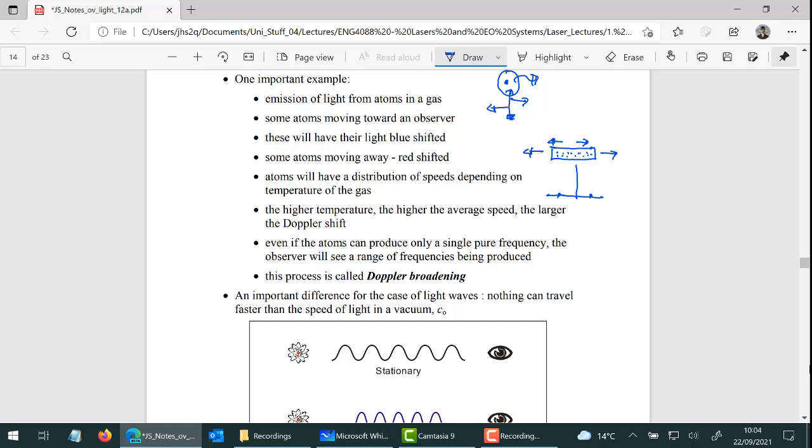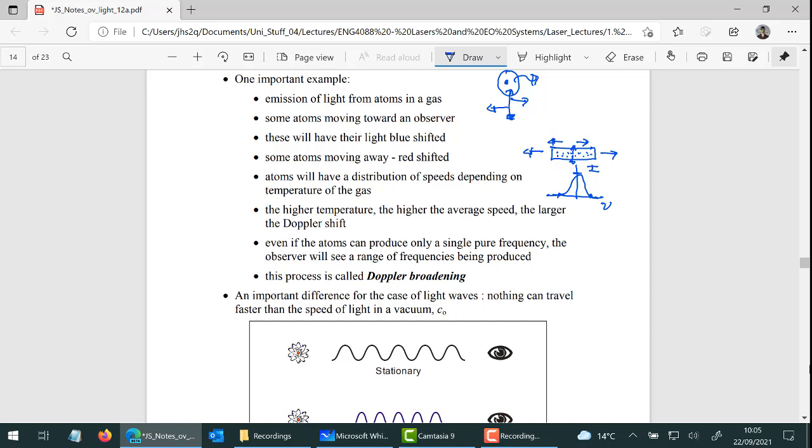If we think about the opposite case, lots of atoms moving away from us very quickly, we won't see very many of them. Most of them will be doing on average nothing. In other words, they could be moving perpendicular to where we are looking, in which case we don't see any Doppler effect.